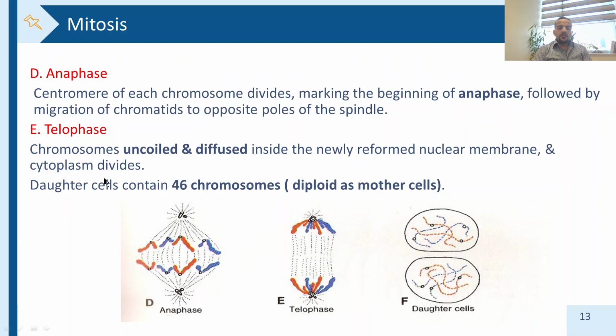During the telophase the nuclear membrane of the two daughter cells will be formed وبعدها تتبع عملية السيتوكاينيسيس. يصير عندنا two daughter cells which are diploid, contain 46 chromosomes.